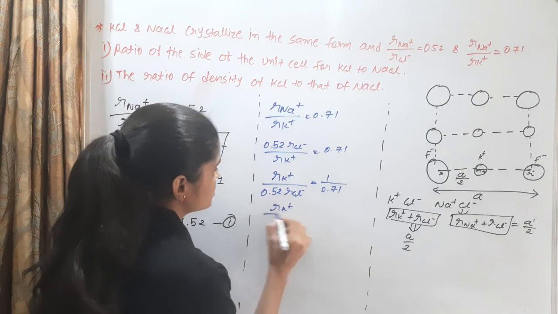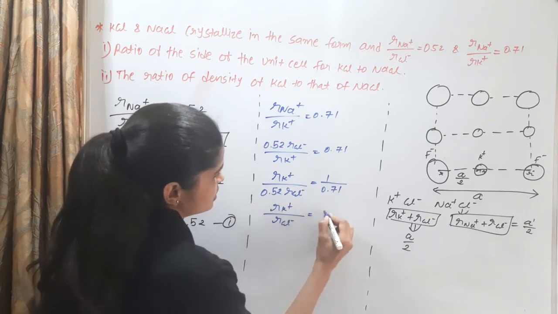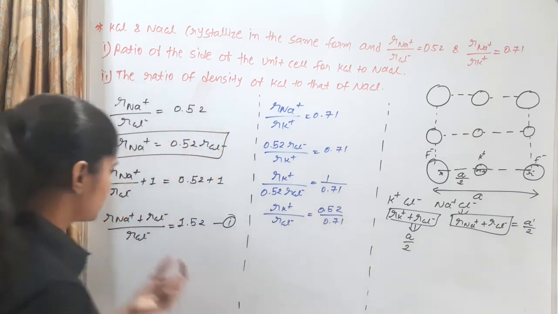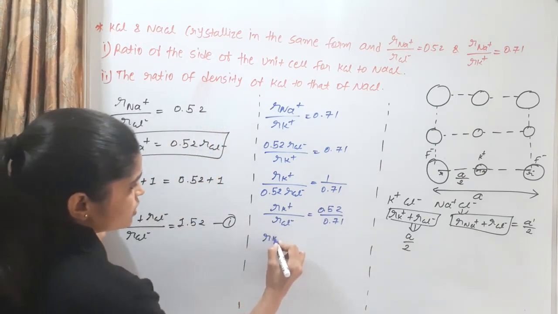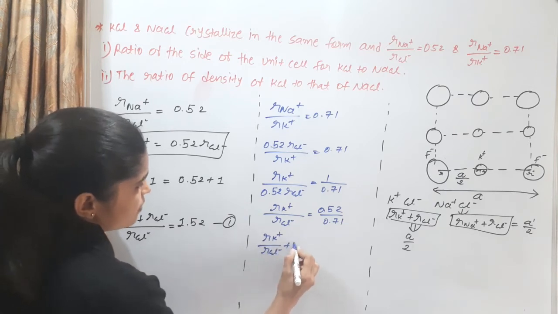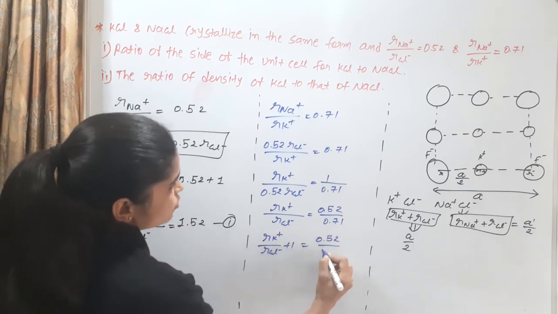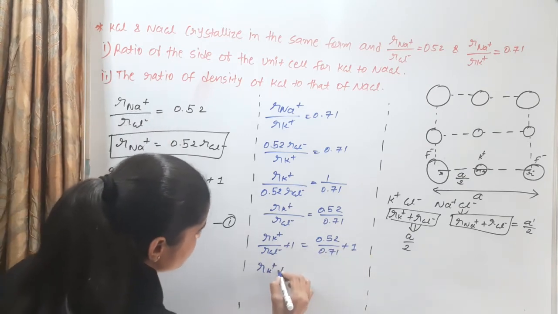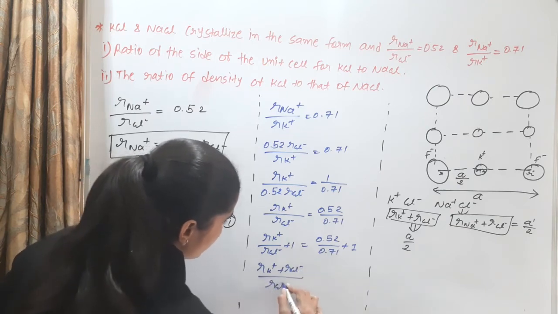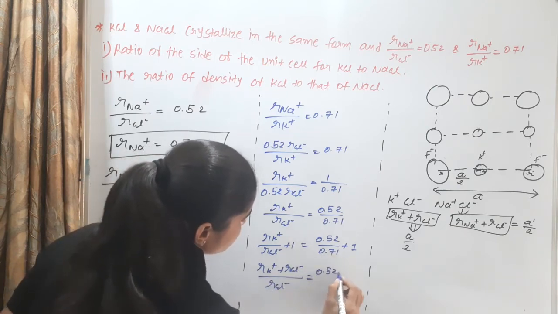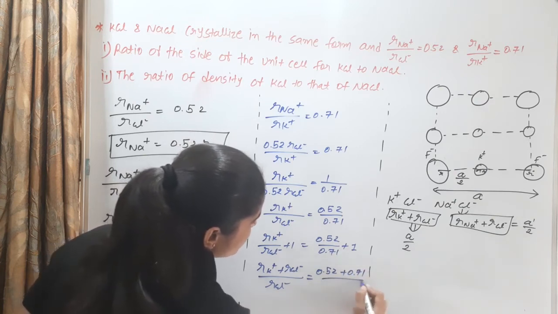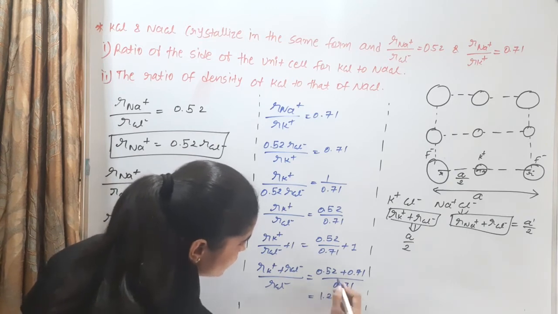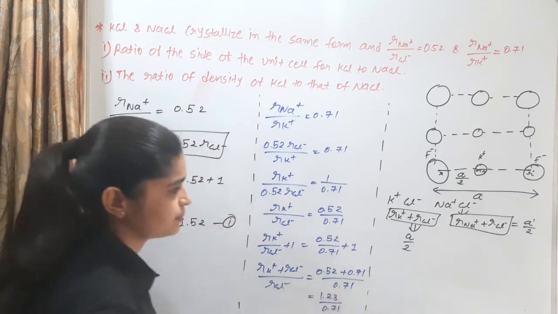Then r_K+ divided by r_Cl- is equal to 0.52 divided by 0.71. In the same way, adding 1 to both sides: r_K+ upon r_Cl- plus 1 is equal to 0.52 upon 0.71 plus 1. So r_K+ plus r_Cl- upon r_Cl- is equal to (0.52 plus 0.71) divided by 0.71, which is 1.23 divided by 0.71.